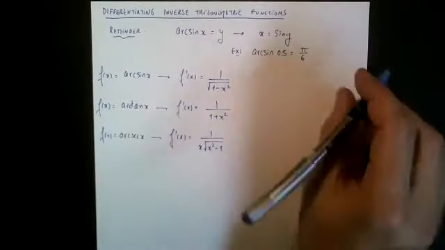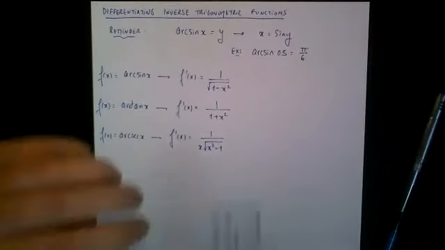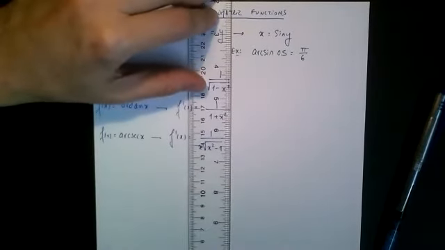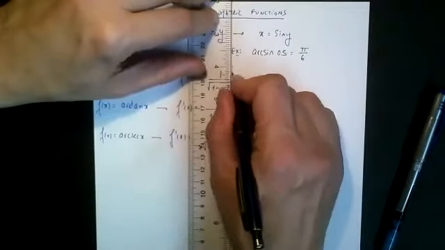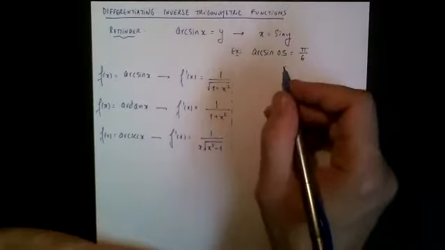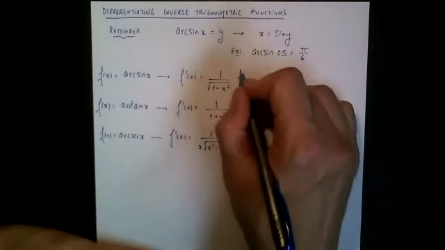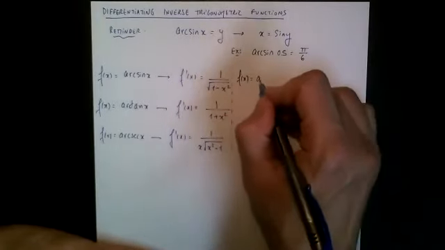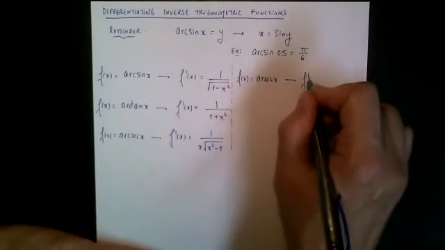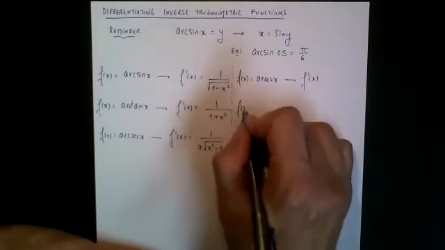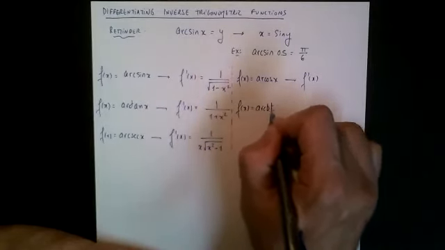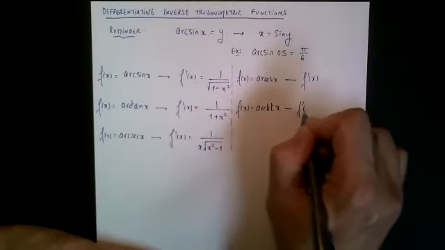So while I'm here, on the other side I will do cosine, cotangent, and cosecant. So let's say f of x is arc cosine of x, then f prime equals. Then if f of x is arc cotan of x, then f prime equals.